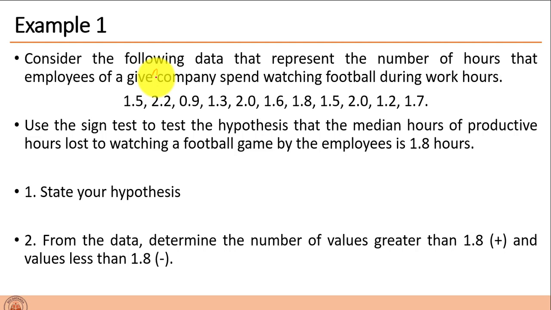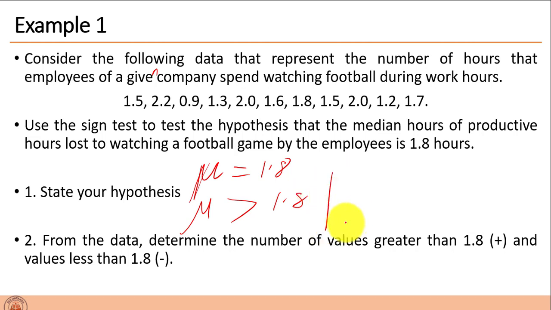So our null hypothesis will be that mu is equal to 1.8, and then our alternative is greater than 1.8. And in another case we want to test 1.8 as well. So whether you spend less or you spend more, we want to see all of them.